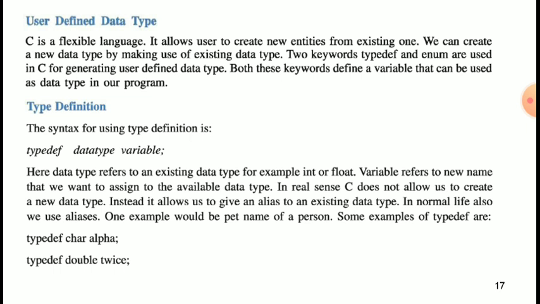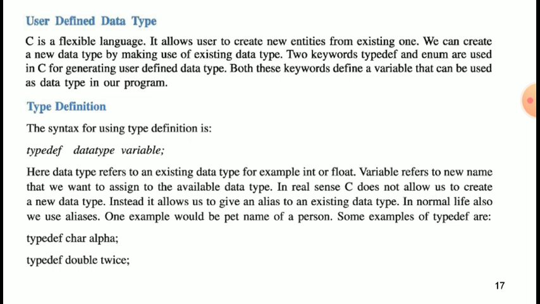So I explain first, type definitions. Typedef. The type definition variable can be declared using keyword typedef. The syntax for using type definition is as follows: typedef data type variable. Here typedef is a keyword used to create a user defined data type.